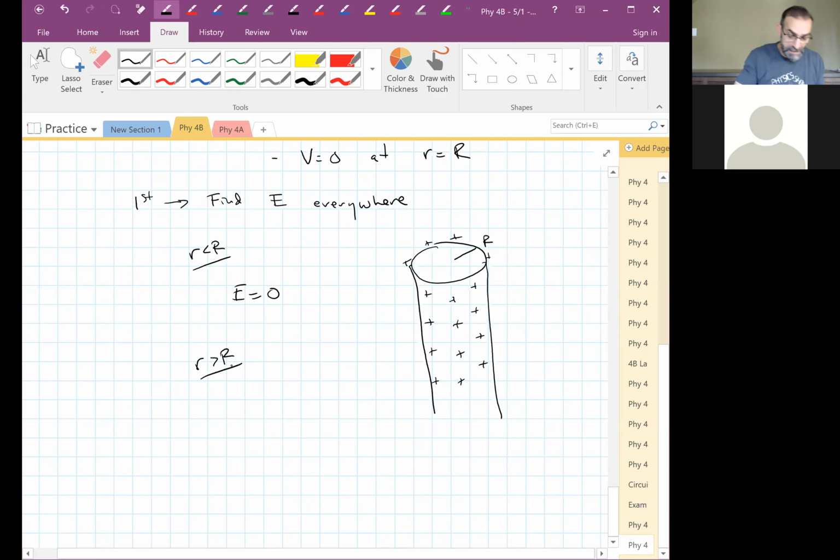So we'll draw a Gaussian surface. We'll match the symmetry of the problem. We've got electric field lines that are doing something like this, right?